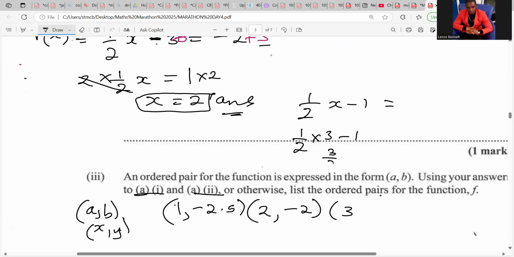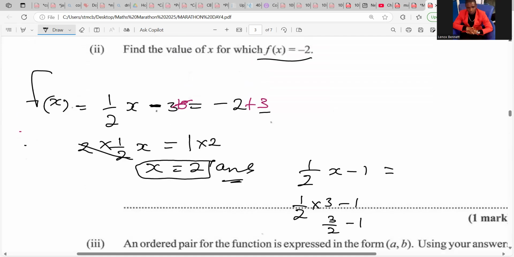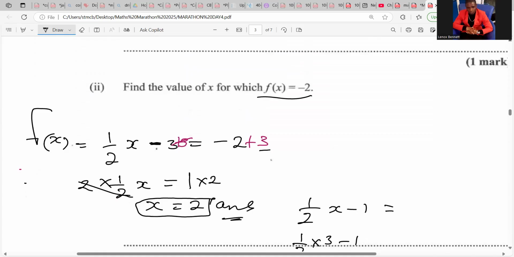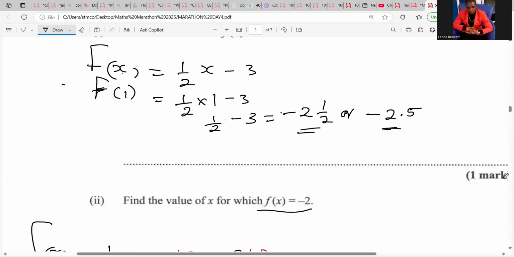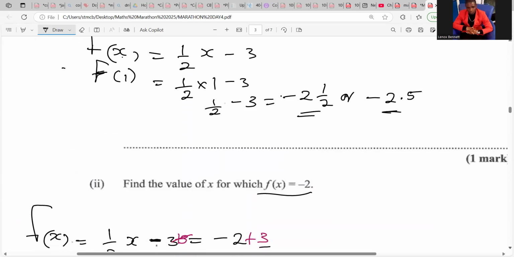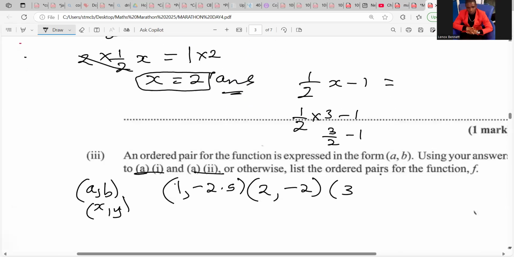Let me see if I got the formula. Oh, it's minus 3. Yeah, it wasn't 1, it was minus 3.